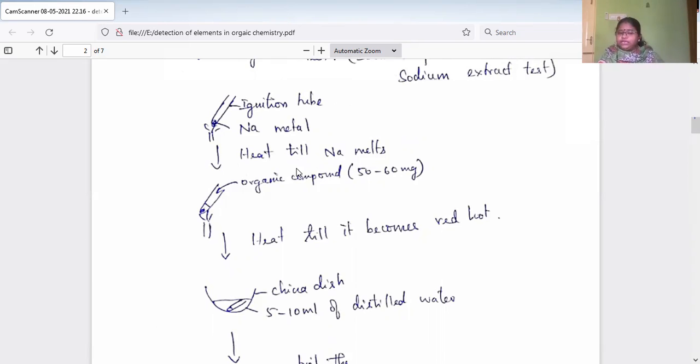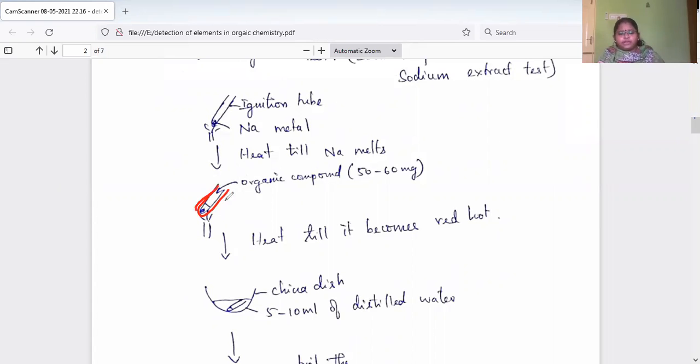Then add 50 to 60 mg of the organic compound to it and heat it until it becomes red hot, until the tube turns red in color, so that the sodium and the organic compound react.